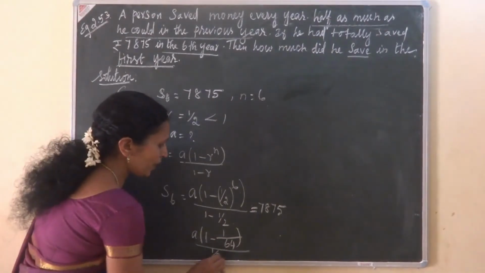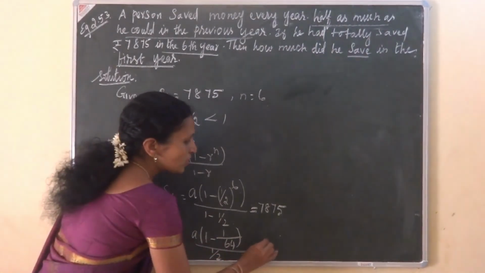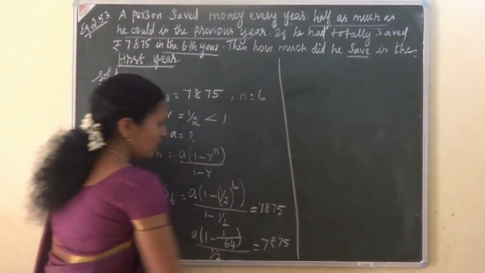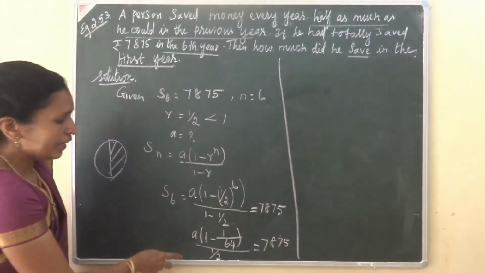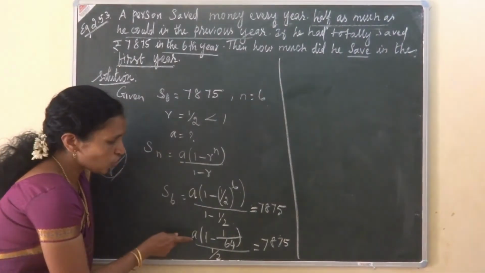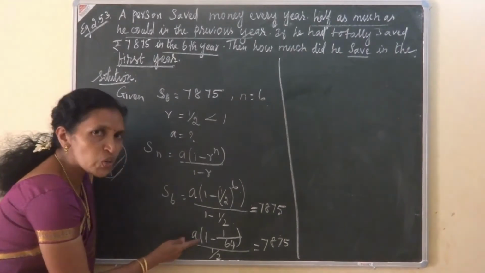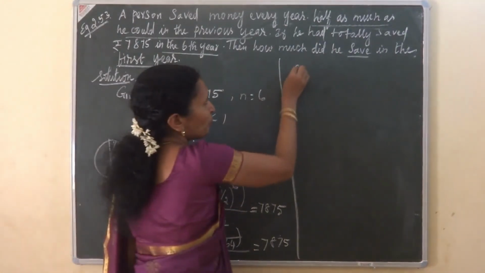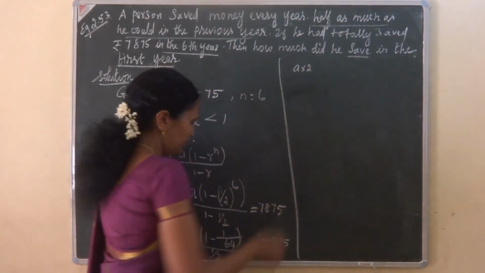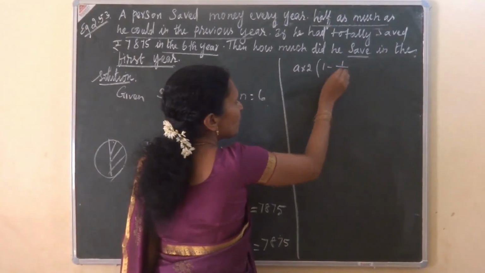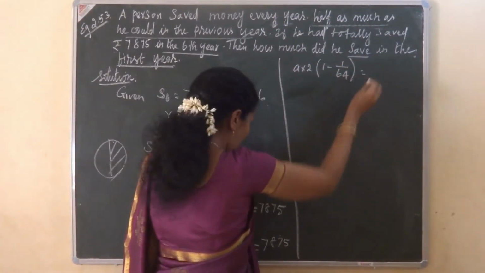So this equals 7,875. Now listen students. A divided by 1/2, right? So A into the reciprocal of 1 by 2, that is A into 2. Next, 1 minus 1 by 64 equal to 7875.